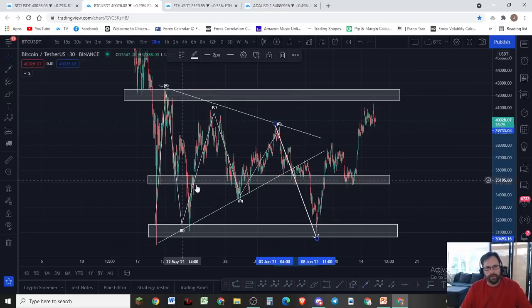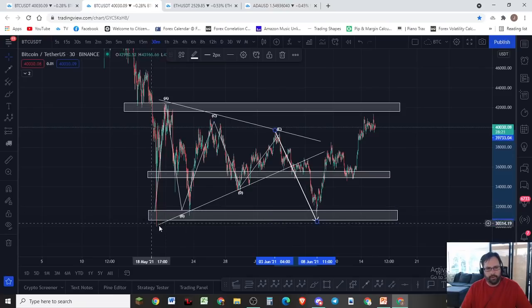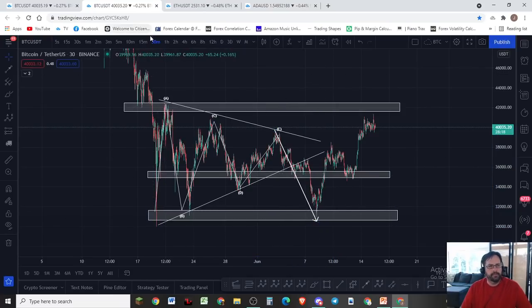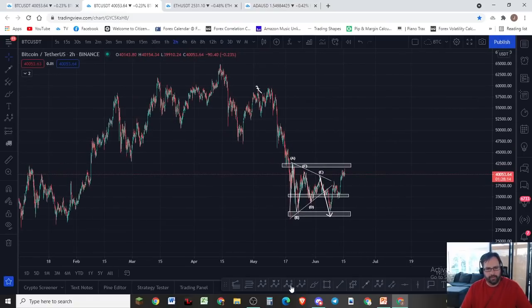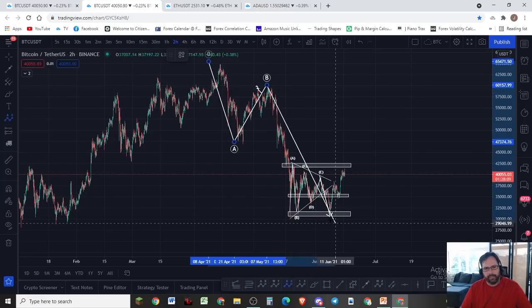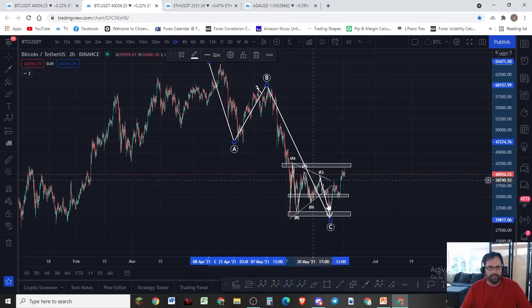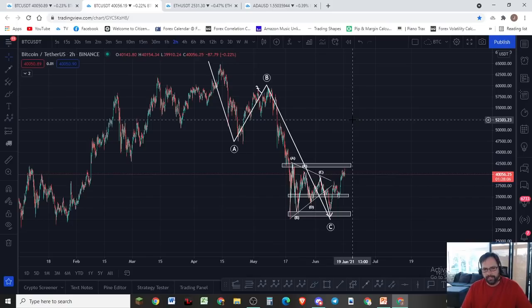That triangle was wave 4, and what came to the bottom, it didn't quite break all the liquidity down here, but it was the fifth wave of the C leg of the larger ABC. So we basically have an A, a B, and a C leg, and this leg right here was the fifth wave. So that's another idea as well.